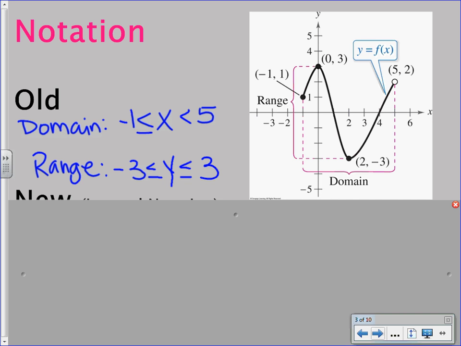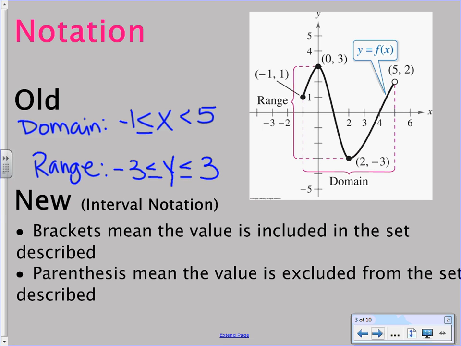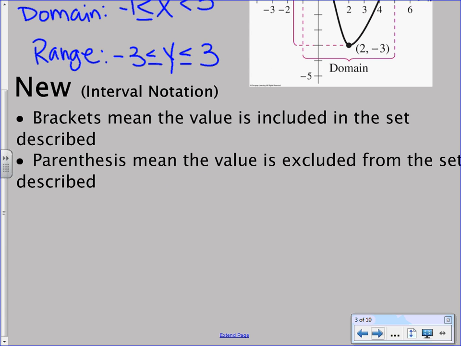Now, I am going to show you a new way of notating domain and range. Okay? We are not going to use the alligator symbols anymore. Okay? It takes up a lot of room. Instead, we're going to use what's called interval notation. Okay? Interval notation, we're going to use either a bracket or a parentheses.